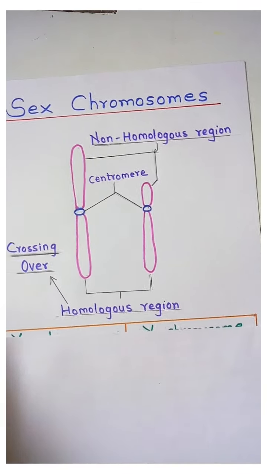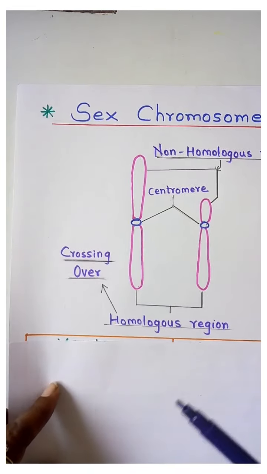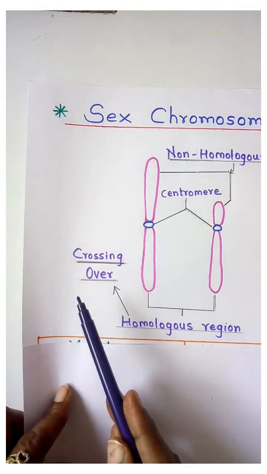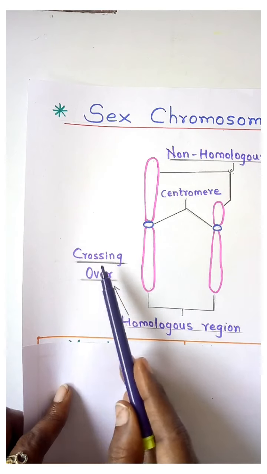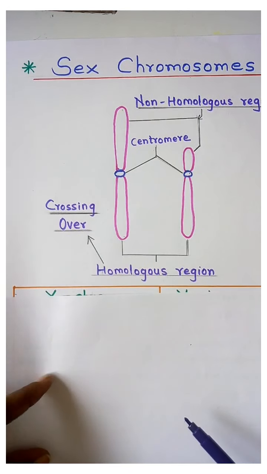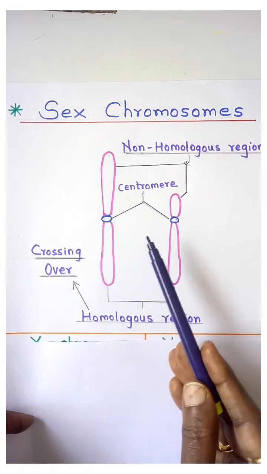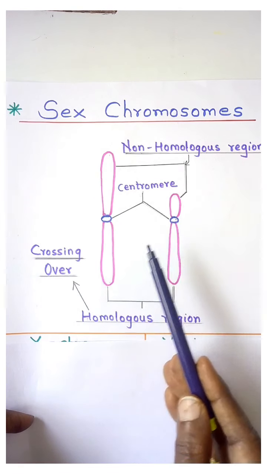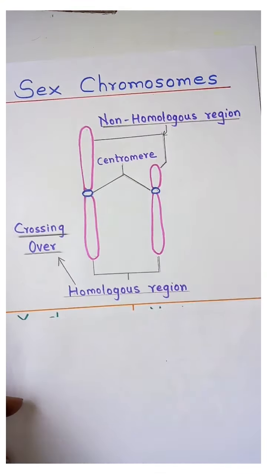So these are a few of the differences. And one more thing, the most important process, that is crossing over, takes place in the homologous region of the chromosomes. So these are the sex chromosomes, this is the X chromosome and this is the Y chromosome.